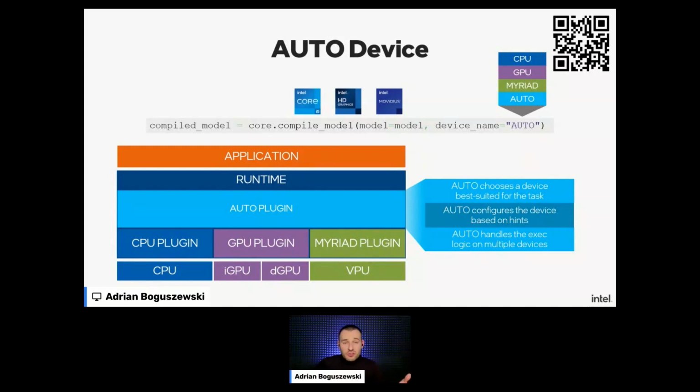If you don't know what device is the best for you, or you would like to have a portable application that, for example, you would like to deploy on CPU, sometimes on GPU, whatever is available, right? If you use Auto, it will select the device automatically. Of course, if you know that you would like to use only resources like CPUs or GPUs, put CPU or GPU, no problem. But in most cases, Auto is the recommended way to use it.